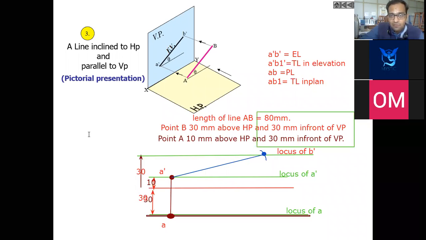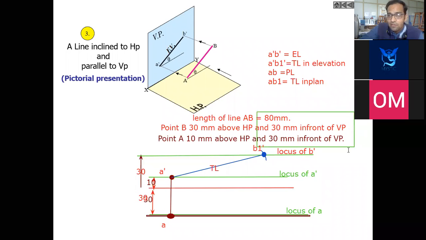Why B1 dash? Because we are aware that A dash B1 dash is representing the true length in elevation. तो ये होगा B1 dash. The thing I am seeing right now is representing the true length of AB.